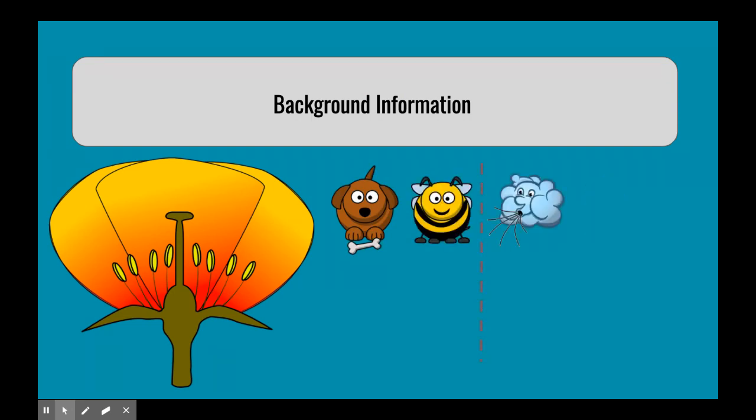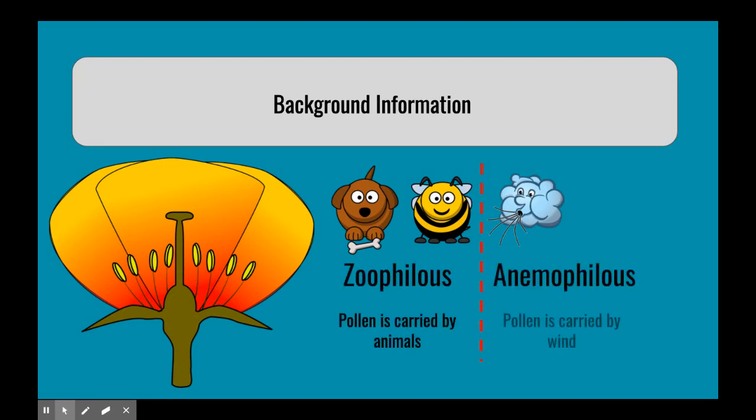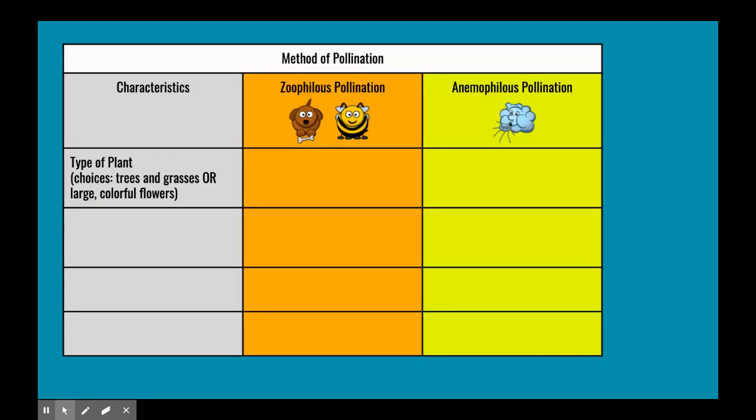I want you to make claims on this slide about whether you think trees and grasses would best fit with zoophilous pollination or anemophilous pollination. Would large, colorful flowers be better associated with this form of pollination or this form of pollination?